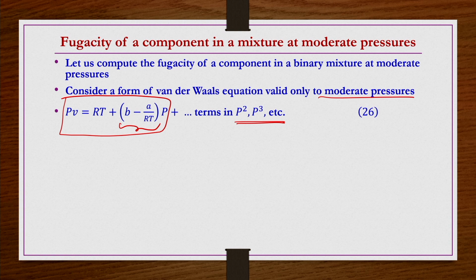We brought in non-ideality in the gas system by using this van der Waals equation of state. Here A and B are nothing but van der Waals constants, and these van der Waals constants are available only for pure gases. Let us take nitrogen gas at moderate pressure where there exists a non-ideality. For the sake of simplicity, let us take that case.